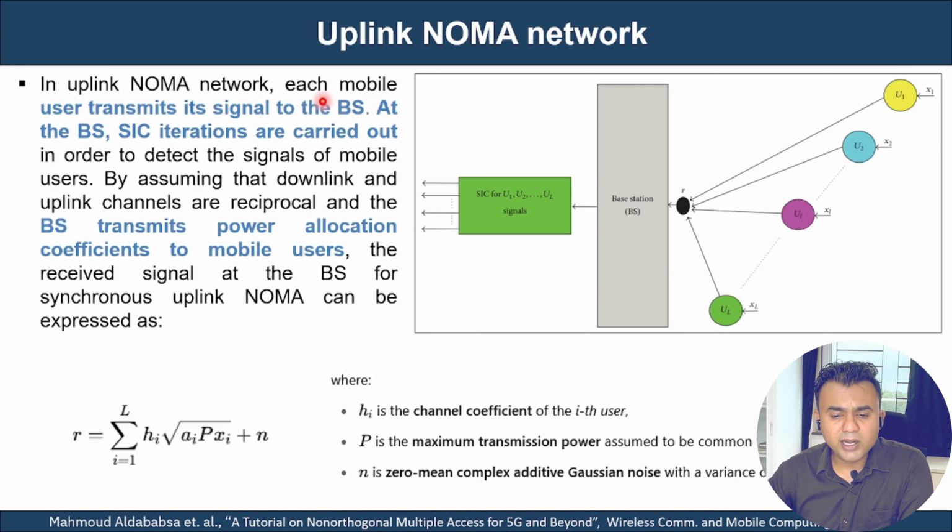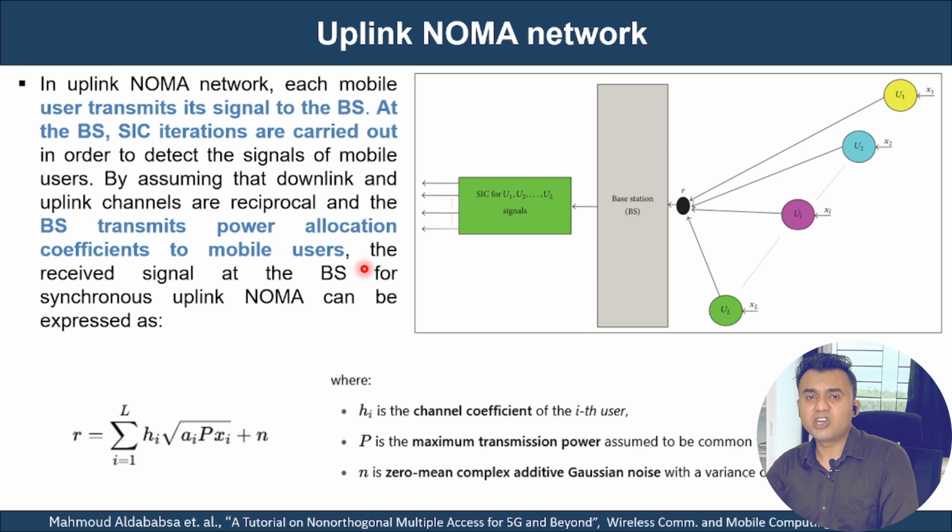So in an uplink NOMA network, each mobile user transmits its signal to the base station. At the base station, SIC iterations are carried out in order to detect the signal from the mobile users, assuming that the downlink and uplink channels are reciprocal.